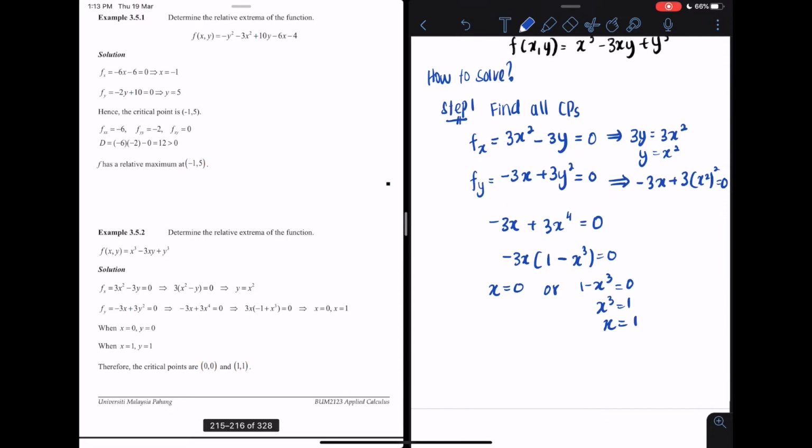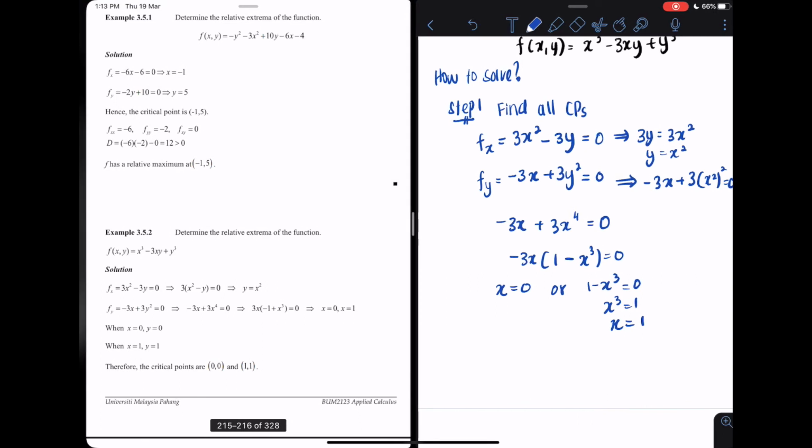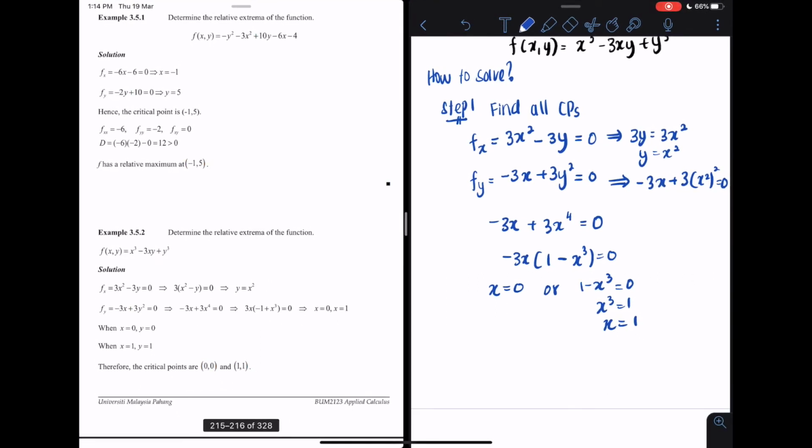Okay, if you look carefully at this first order partial derivative, I get two values for the x coordinate, such as x equal to 0 and x equal to 1.